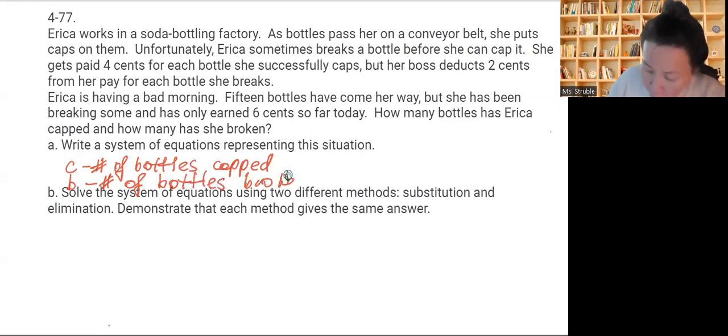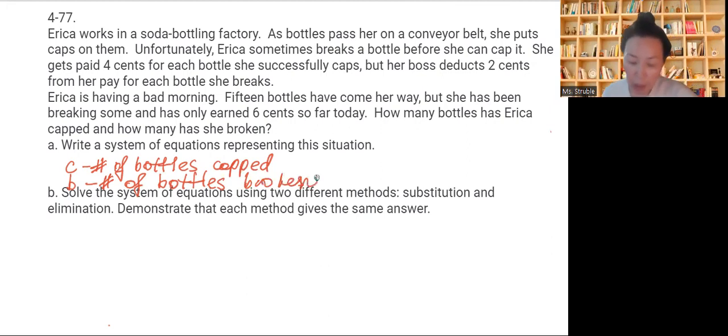So we know that Erica is having a bad morning, and 15 bottles have come her way. So that means C plus B equals 15, right?